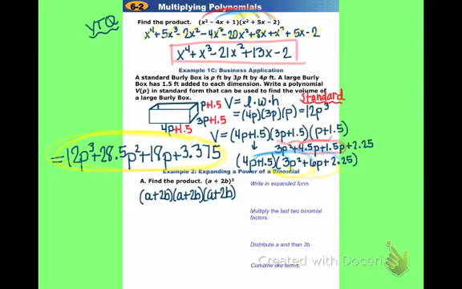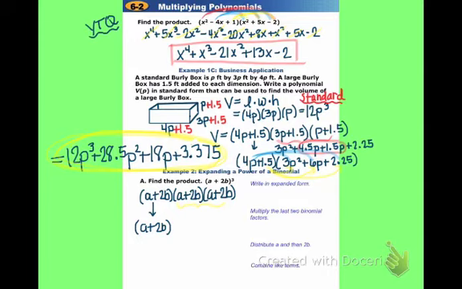I can pick any 2 of these to work with first, but I'll show you why I always pick the last 2. And I'm going to FOIL these out. And then whatever I get when I FOIL, I'm going to multiply by a plus 2b again. So I'm going to bring this binomial down, and I'm going to multiply the last 2 here using FOIL.